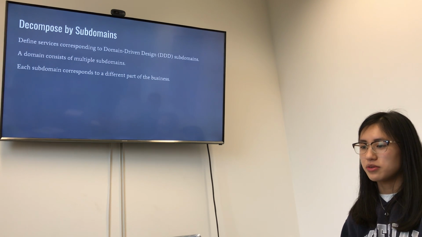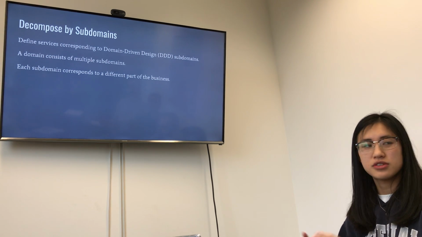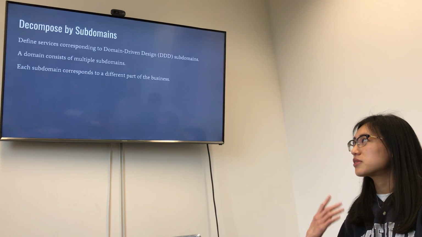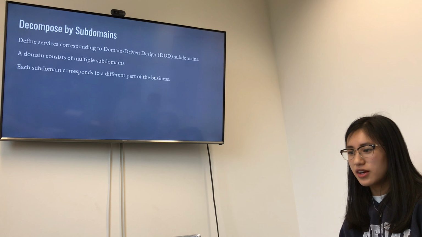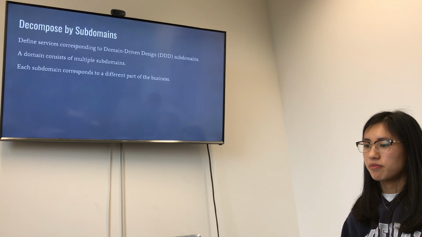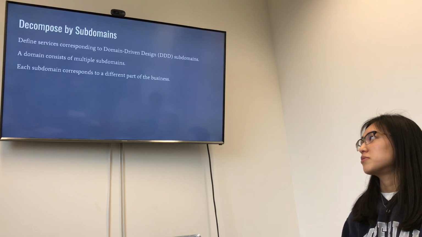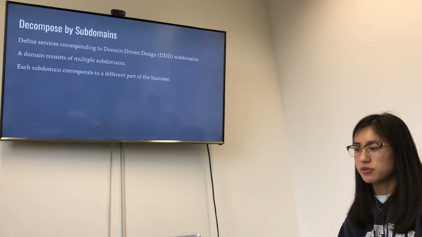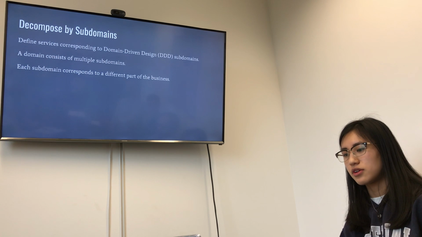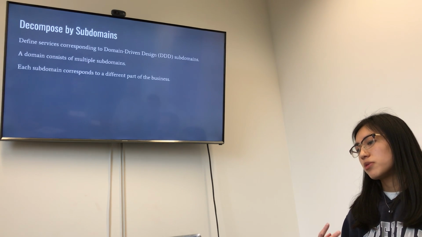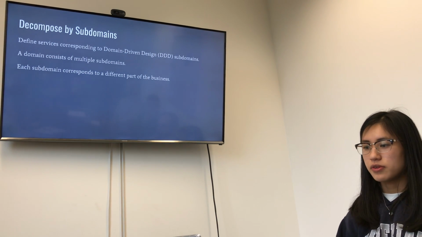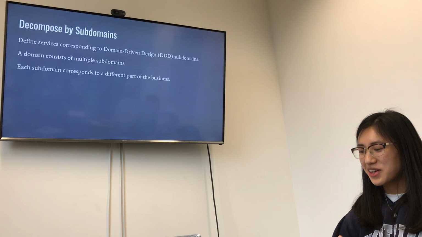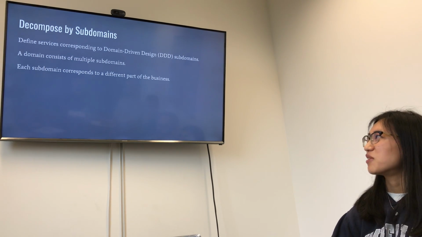So that's where these two can merge and get confused, I guess. And a domain can consist of multiple domains, and this is how we break and decompose by the subdomains. Each subdomain can correspond to different parts of the business, and that's when you can make decompose by business capability but more flexible if you look at it that way. But again, it's very hard to define, so we'll go through some ways we can define this a bit later on.